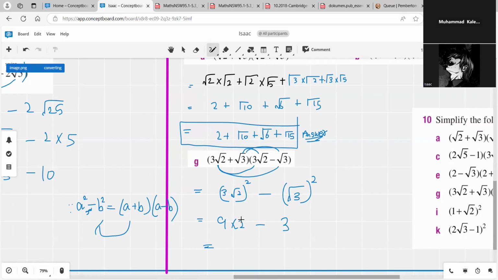Okay, try to solve it and find out its answer. If you need any help, just let me know.